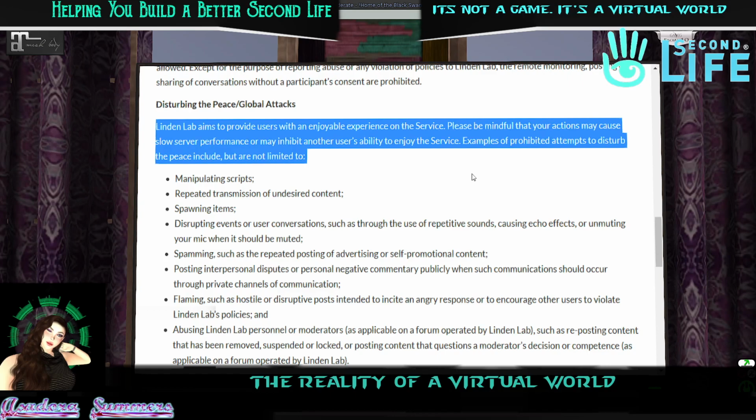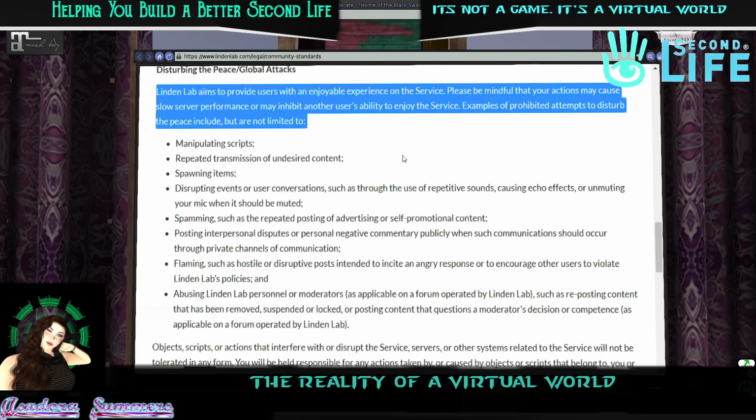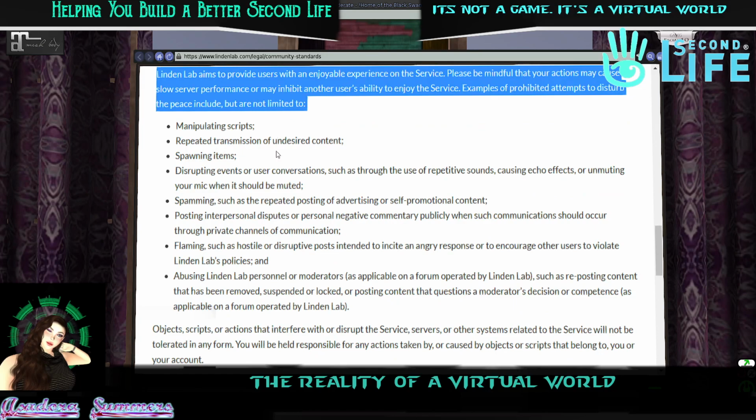Examples of prohibited attempts to disturb the peace include, but are not limited to, manipulating scripts, repeated transmission of undesired content, that's griefing, all this is griefing, spawning items, disrupting events or user conversations, such as through the use of repetitive sounds, causing echo effects, or unmuting your mic when it should be muted.